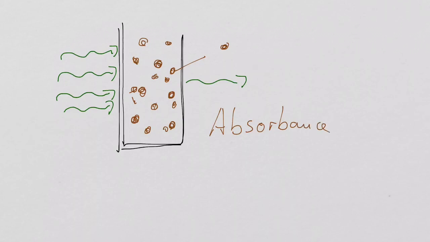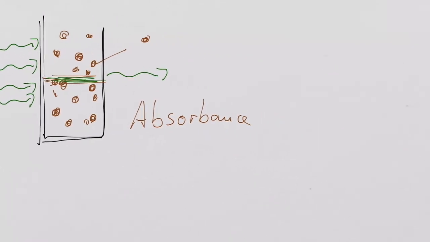How much of the light comes out at the end after it went through this bit here? So the absorbance depends on the concentration of the material that it interacts with. Make sense?